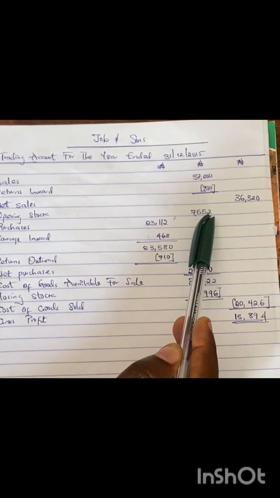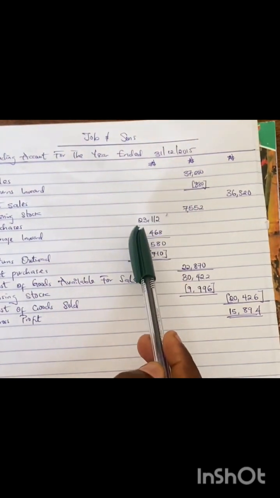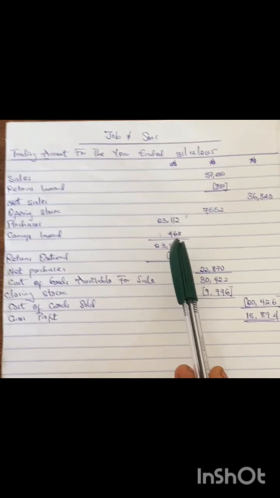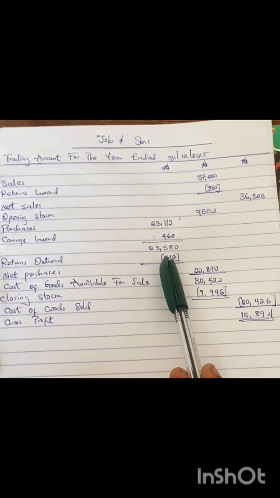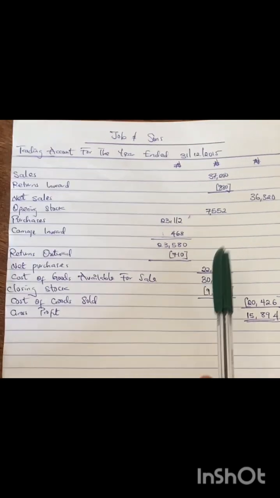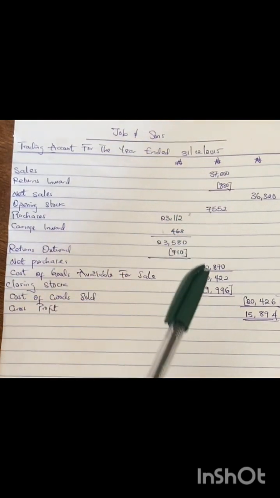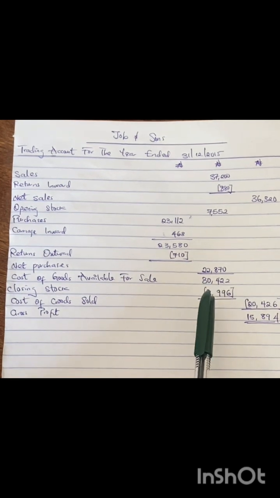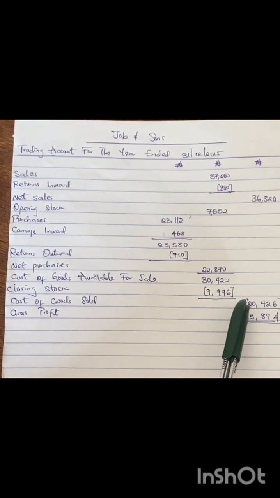And then we have our opening stock, where we adjusted for purchases, with our carriage inwards and then our returns outward to give us our net purchases. So when we add our net purchases and our opening stock, we have the cost of goods available for sale. And then we less our closing stock to get our cost of goods sold.